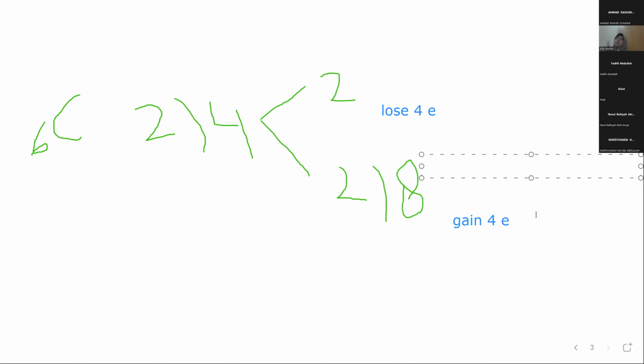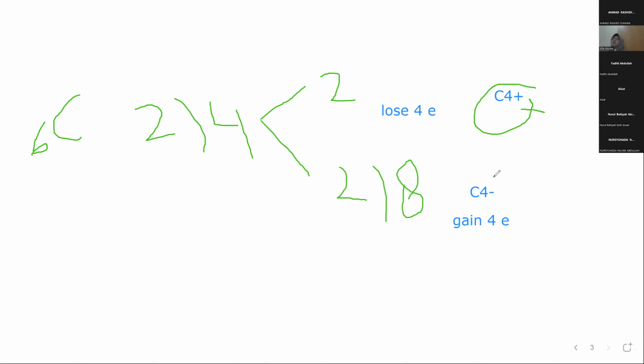It requires high energy because they have to become C4+. C4+ or C4- doesn't happen in nature.